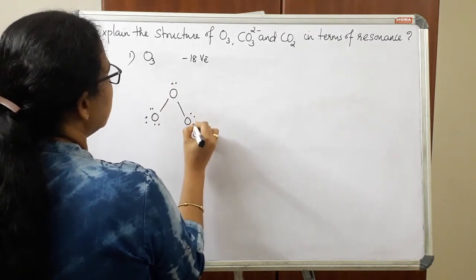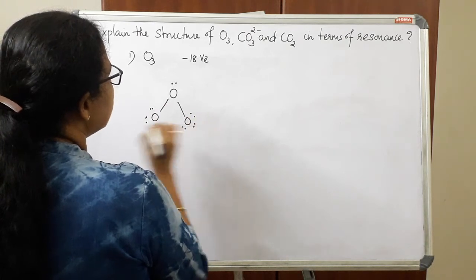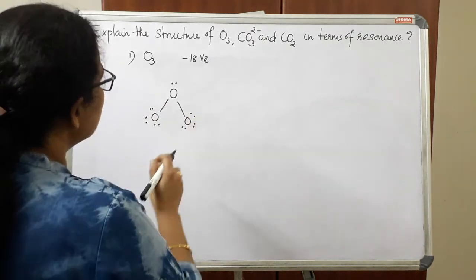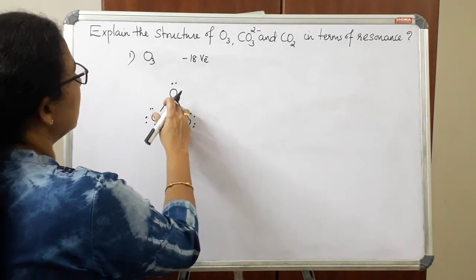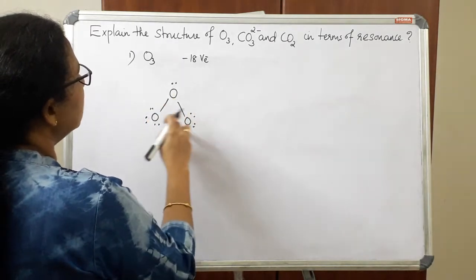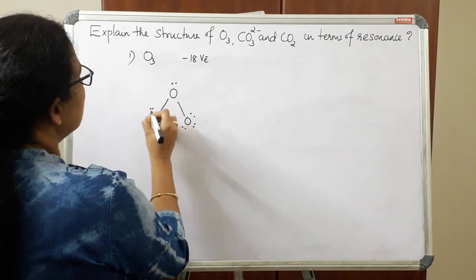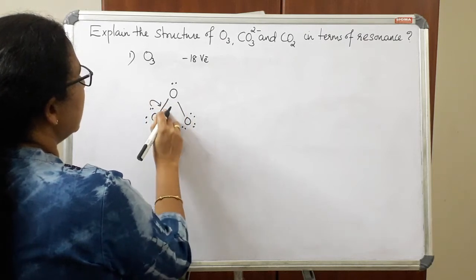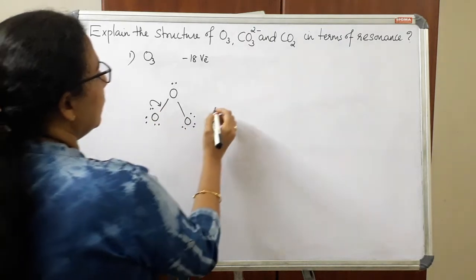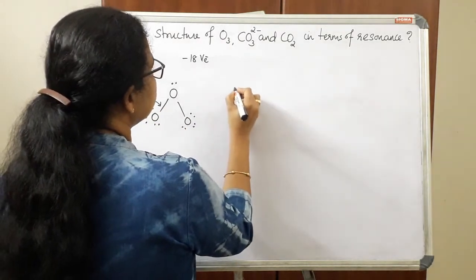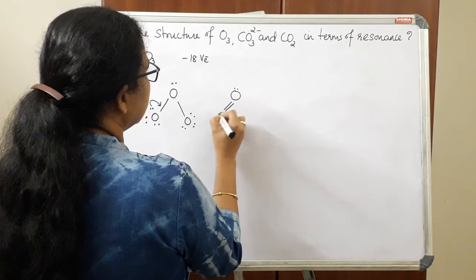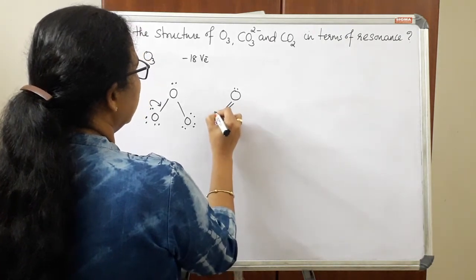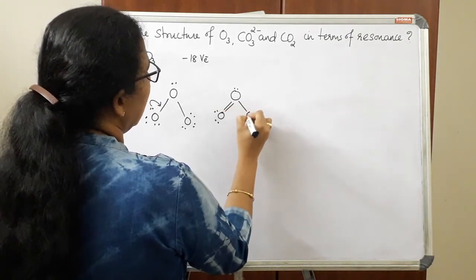We have distributed all the valence electrons, and in order to attain octet configuration for all the atoms, we will shift one pair of electrons as a multiple bond. So we can draw a structure like this, and here we will get a double bond and a single bond.